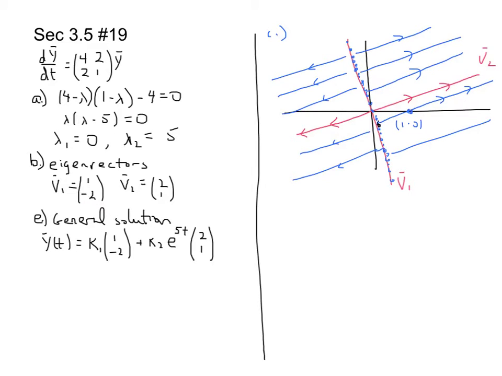I would like to see in part D, they say sketch the x of t and y of t graphs with initial condition (1, 0). So let's do that.